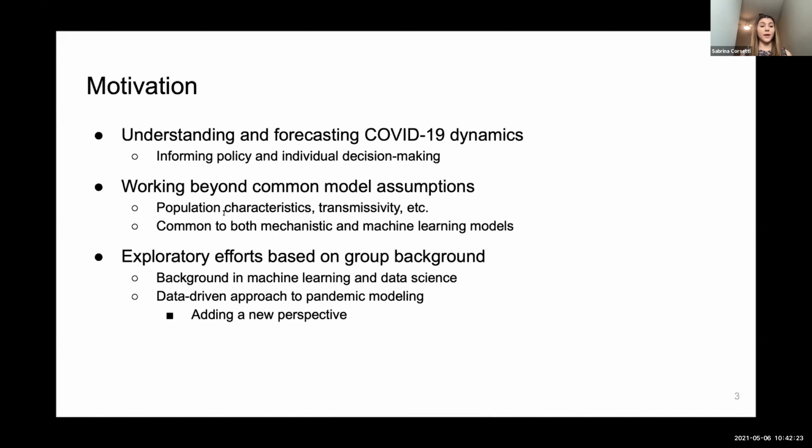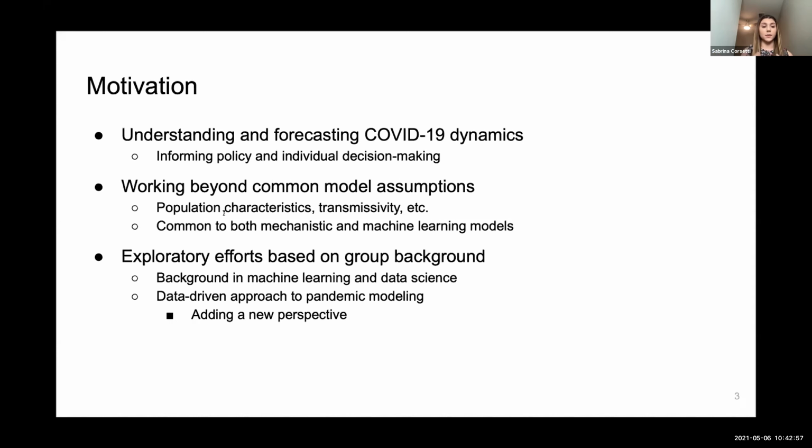In terms of our motivations as a group, first and foremost, we, like many others, wanted to understand and forecast the dynamics of the pandemic. And this is both so that we can inform public policy decisions, but also individual decisions. In addition, in pursuing our modeling approach, we wanted to work beyond common assumptions made by pandemic models. And these assumptions can take many forms, ranging from, for example, population characteristics to transmissivity of a disease, and so on.